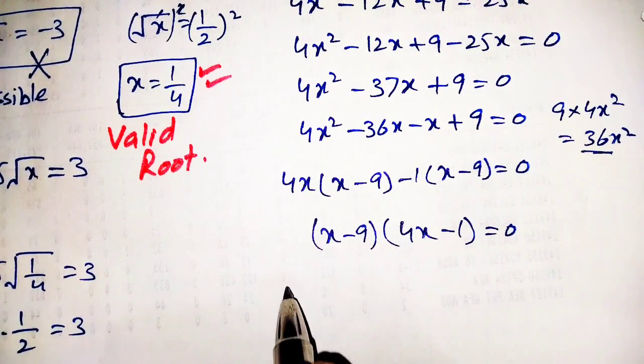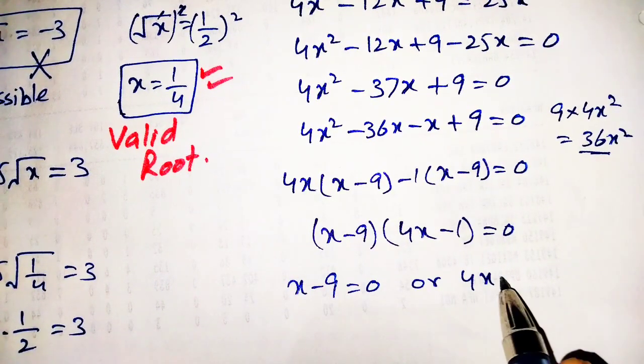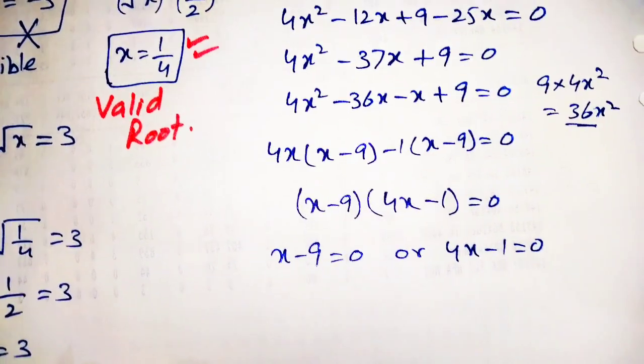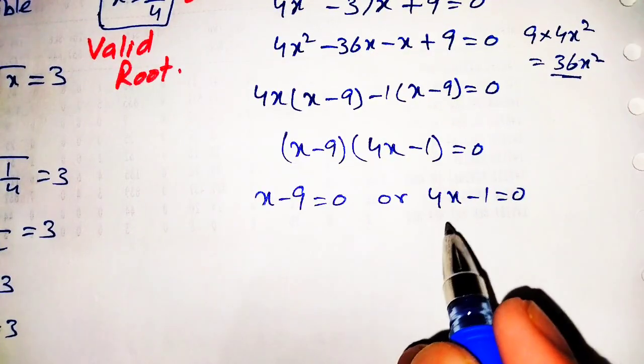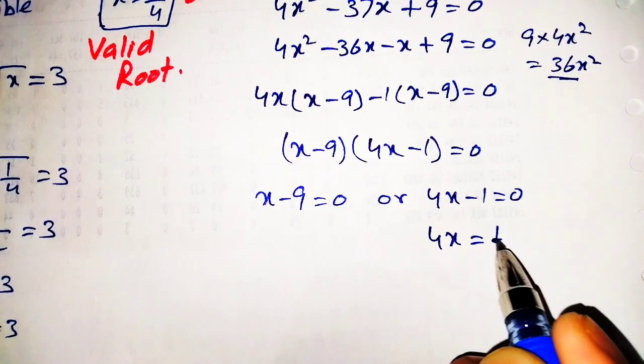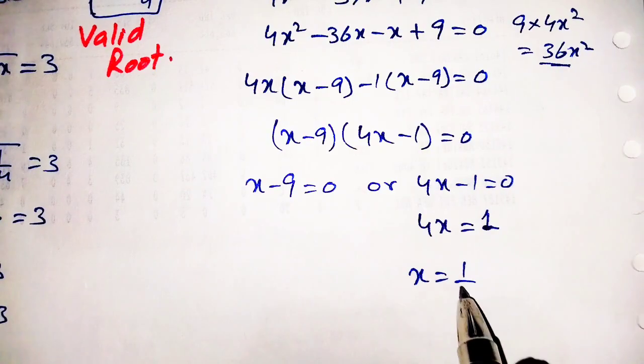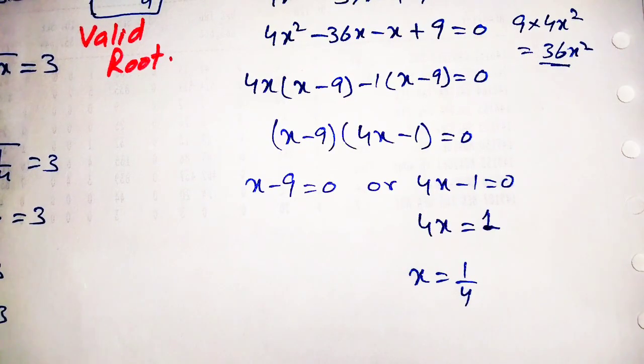Now from this we can write x minus 9 is equal to 0 or 4x minus 1 is equal to 0, and from this we can find the solution as 4x is equal to 1, and dividing both sides by 4 we get x is equal to 1 over 4, which is the verified solution.